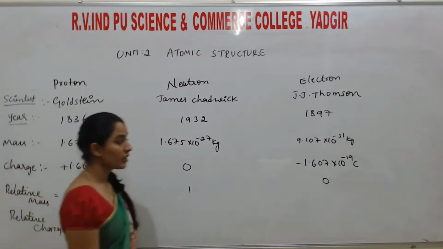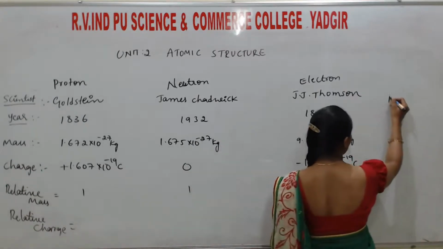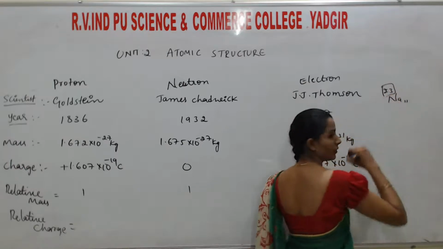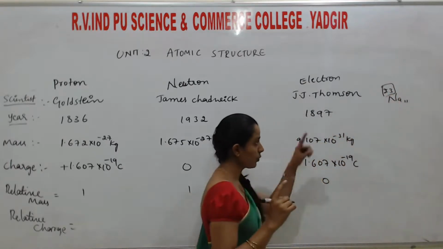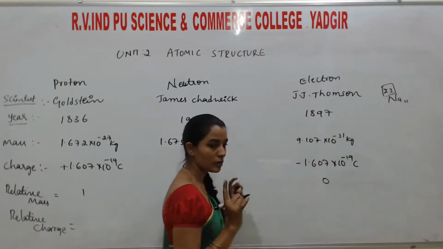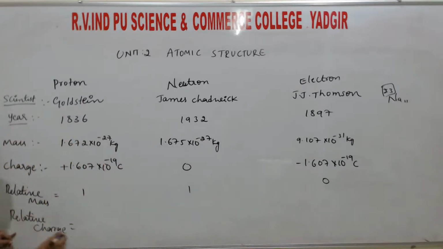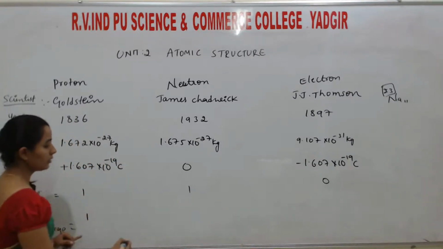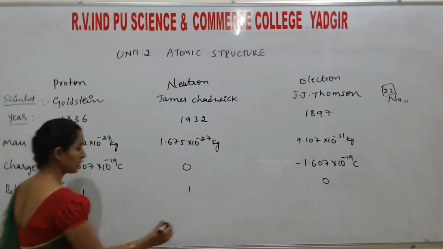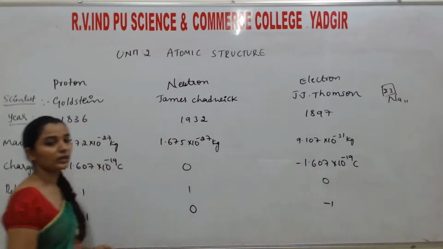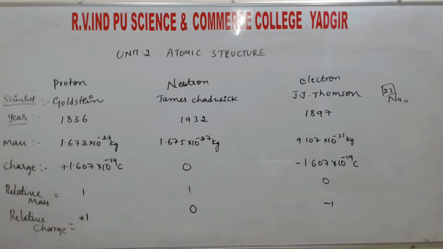That's why, students, if you write Na 11 23, it means we take 23 gram, because the mass of proton is 1, and the mass of neutron is also 1. Correct? And here is the relative charge. Here proton is 1, that is plus 1. This is 0. This is minus 1. That is the relative charge. So this is proton, neutron, and electron.